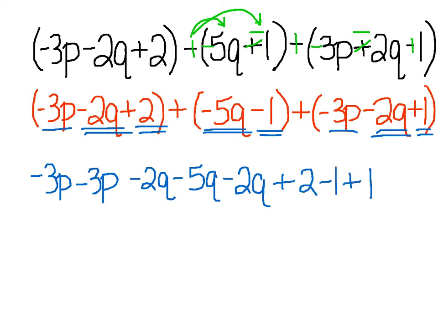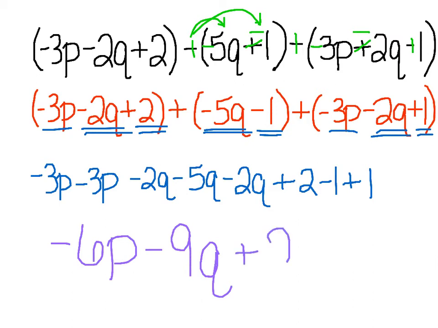If we combine these terms together, negative 3p minus 3p, negative 3 minus 3 is negative 6p. Negative 2q minus 5q is negative 7q. Minus 2q is negative 9q. And then we have 2 minus 1, which is 1, plus 1 is positive 2. So if you take these problems step by step, it's really not that bad.